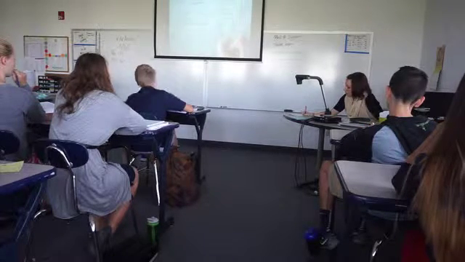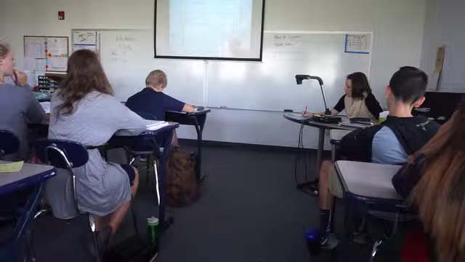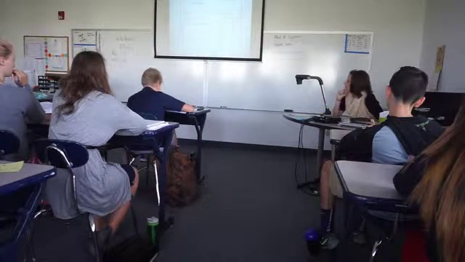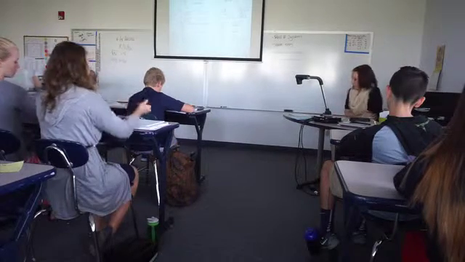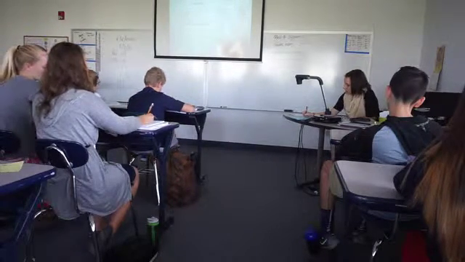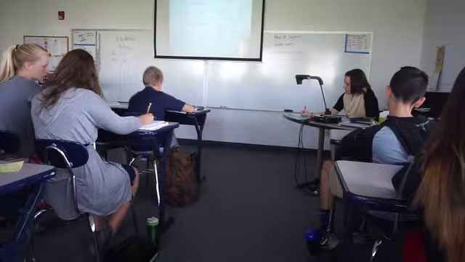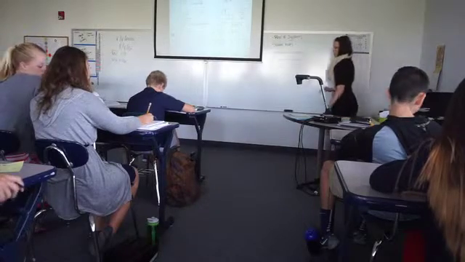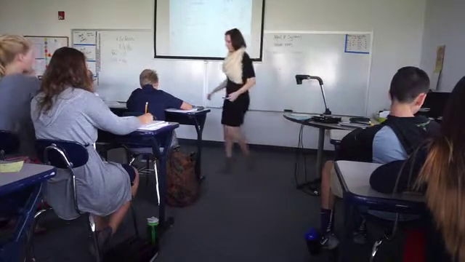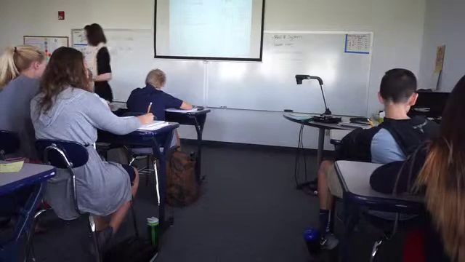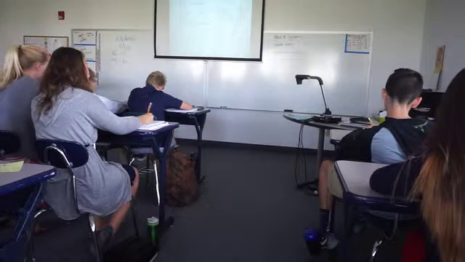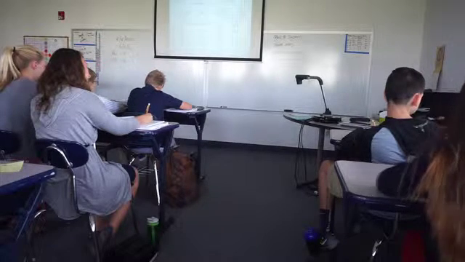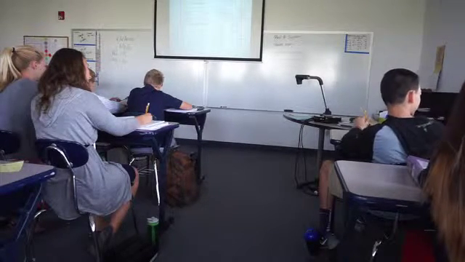What about the square root of 18? Work on that one with your partner. Find my factors, and tell me what my radicals are going to end up being. So we're solving for the square root of 18.